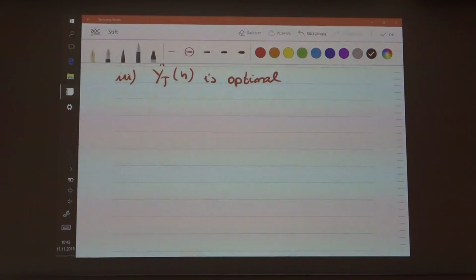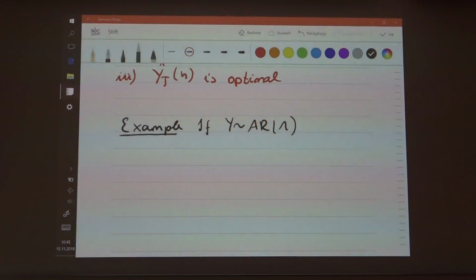Now let's see how, in most cases, this forecast will look like. Let's say we have an autoregressive process of order 1, the first order autoregressive process. It looks like this: y_t equals a constant plus a times y_(t-1) plus the noise.